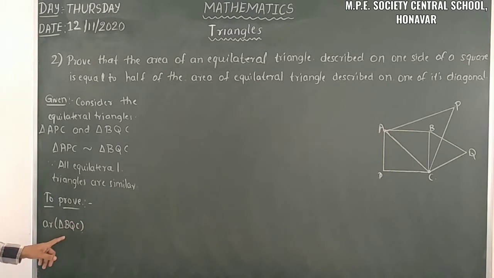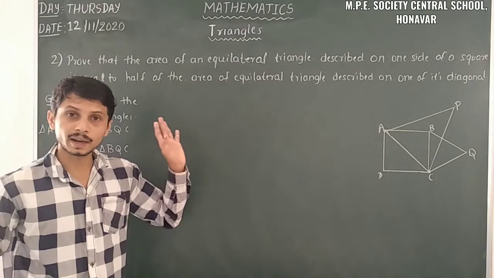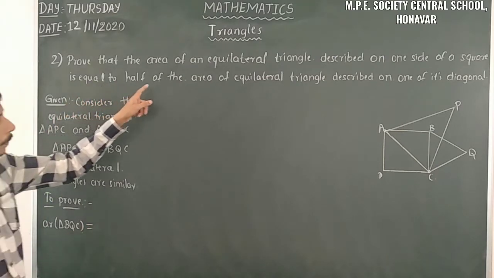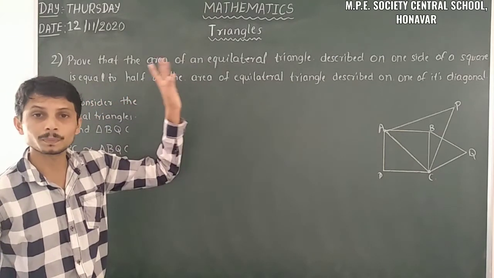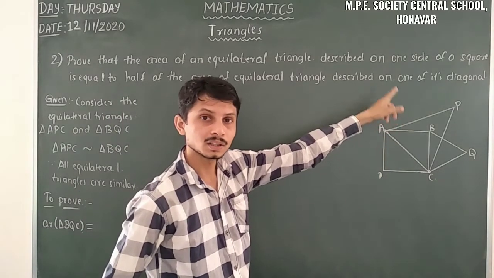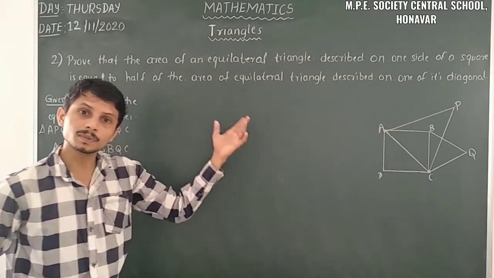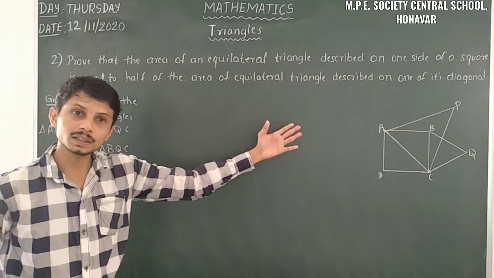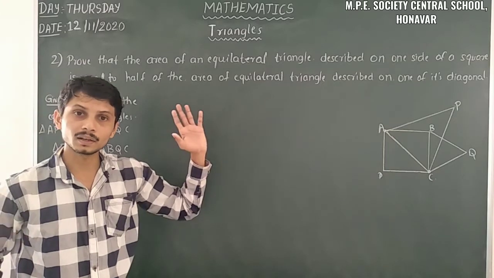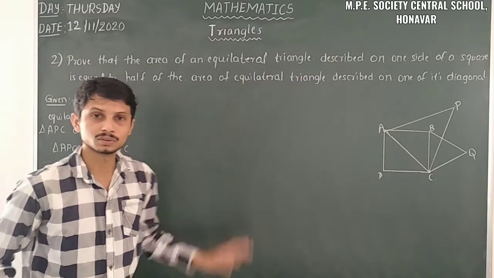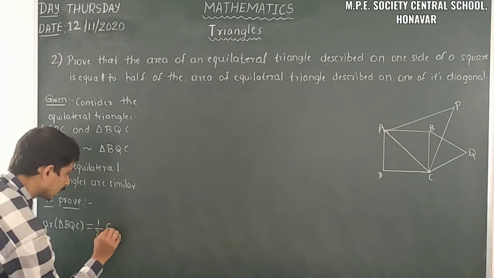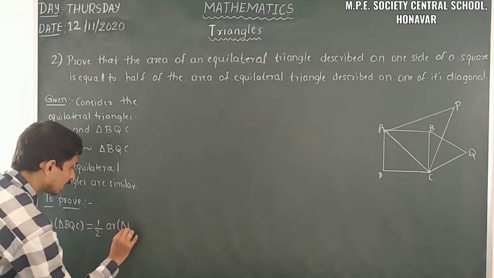The area of triangle BQC is equal to half of the area of the triangle described on one of its diagonals. From the diagonal we formed the equilateral triangle APC. So the area of triangle BQC is equal to 1 by 2 into the area of triangle APC.